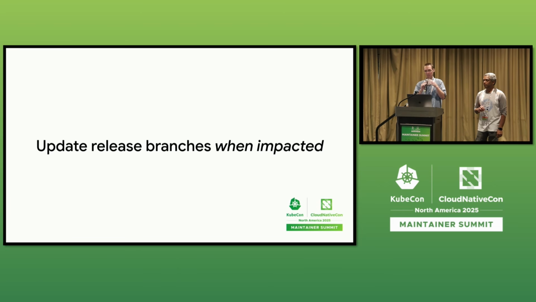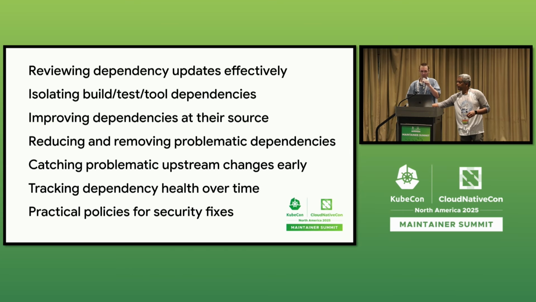And we mean actually impacted, like we're using the package where the vulnerability was, not just that we depend on a version that had a vulnerability. That's where go-vuln-check is really helpful. Some scanners are very naive and just say at the module level, oh, that module version has a bug, but we're not even vendoring or linking the package where the bug existed. So go-vuln-check is helpful for determining when you actually have an issue.